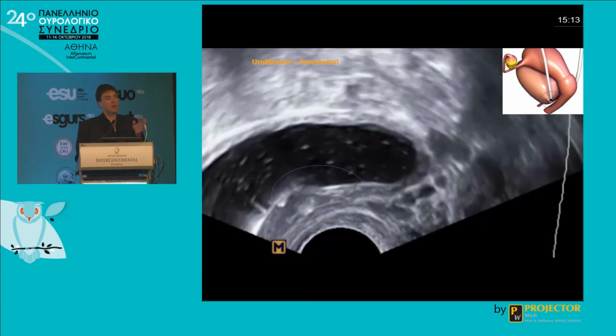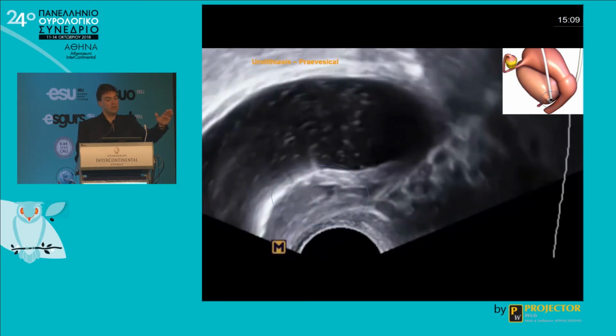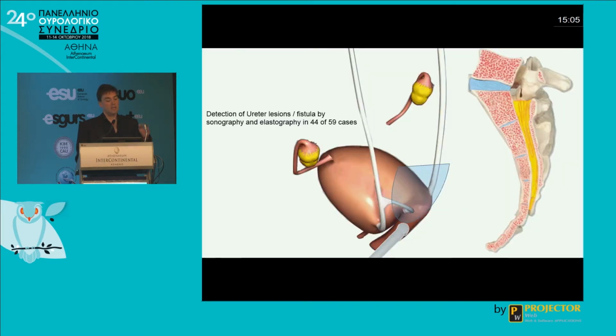What we developed now from the typical Kung Fu technique to see the ureter exactly is that we want to see where a fistula is. If you can find the ureter exactly, now you want to see a fistula.